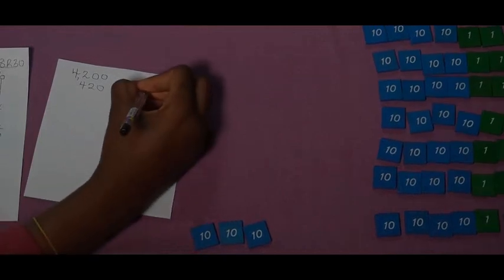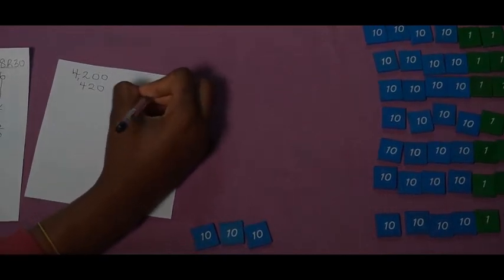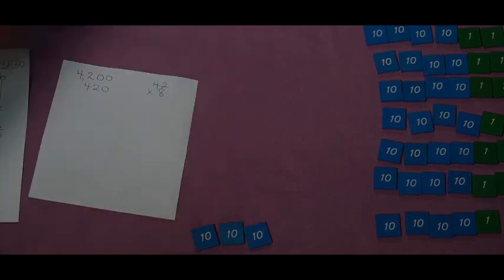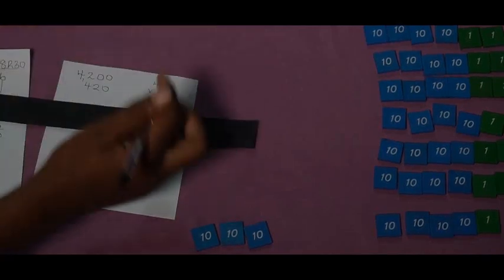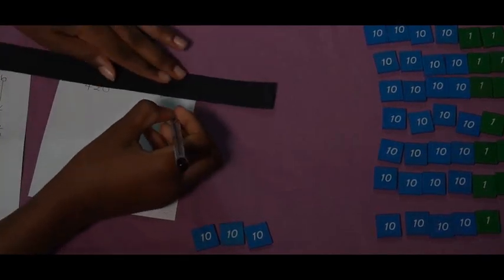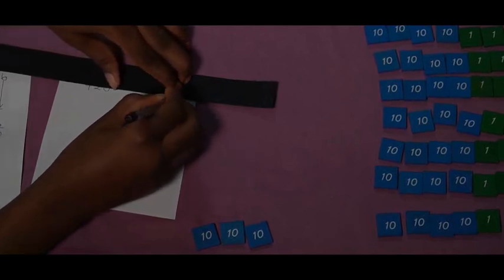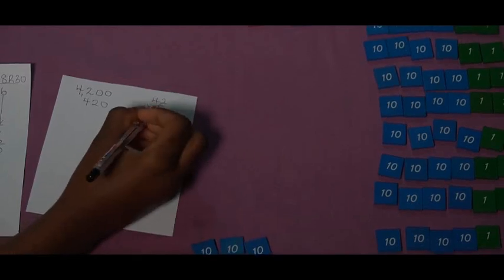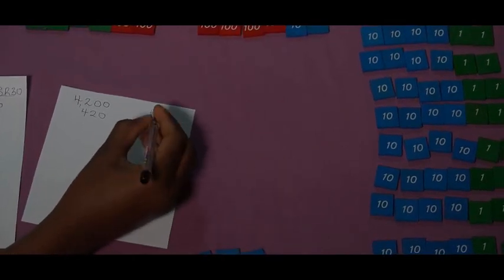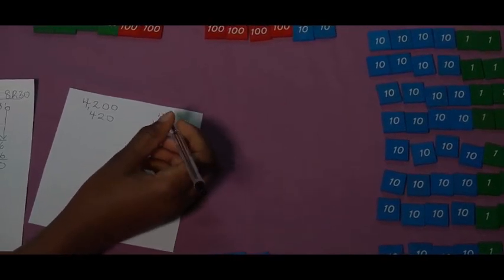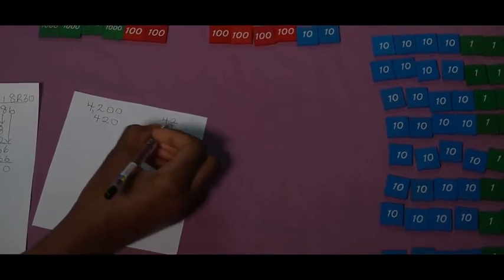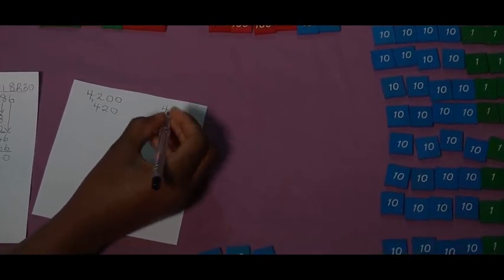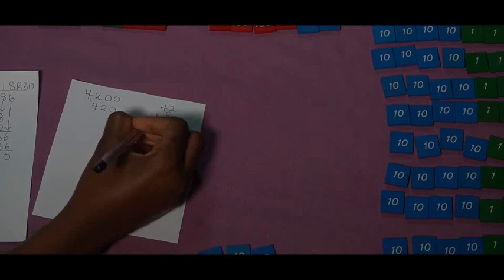So 42. Two times 8, 16, 6 tenths. 4 times 8, 32. 32 plus 1, 33.